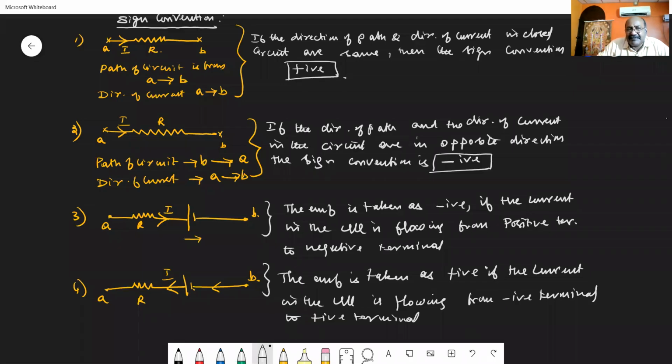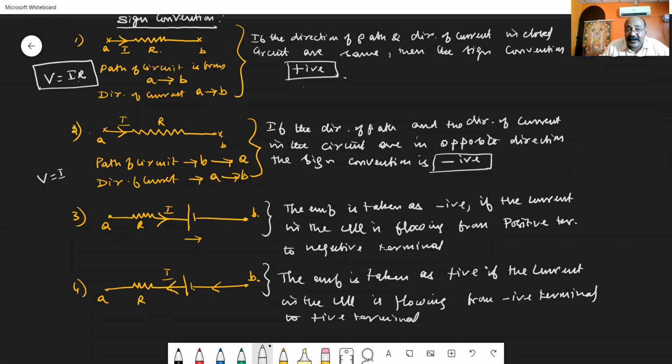See, in the first step, if the current is flowing from A to B, then the voltage V is equal to I into R, and this is positive. But if you are taking the path from B to A, the direction of the path is opposite to that of the direction of current.